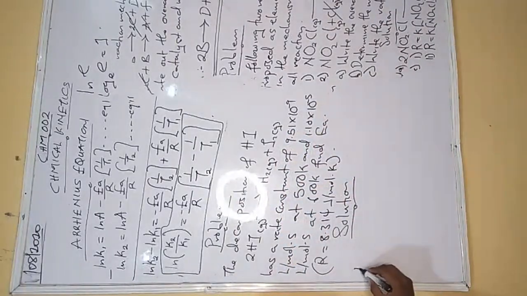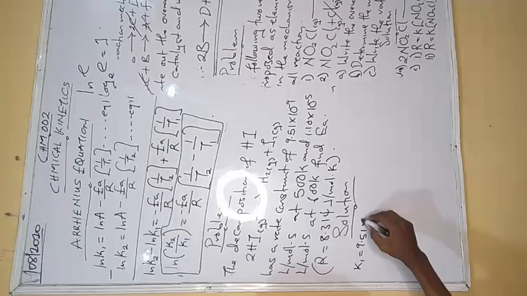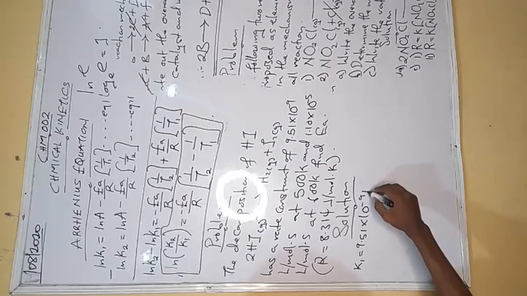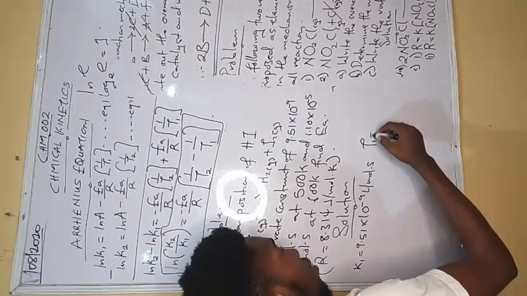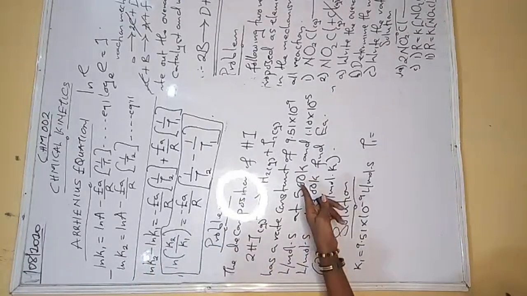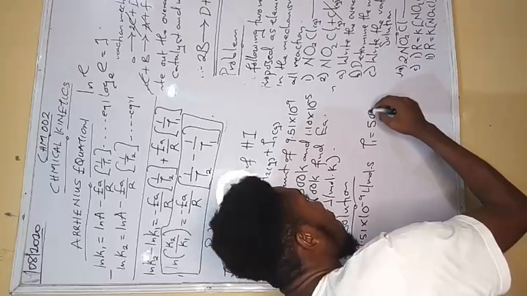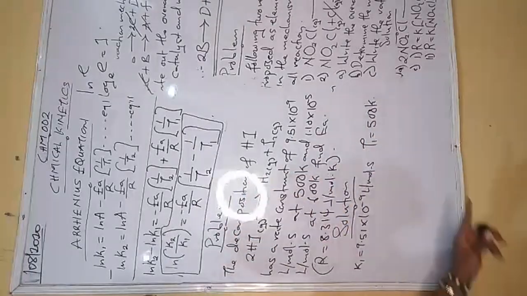That means when our K1 was equal to 9.51 times 10 to the power minus 9 liters per mole per second, our T1 was equal to what? That means our first temperature at this rate constant was 500 Kelvin.